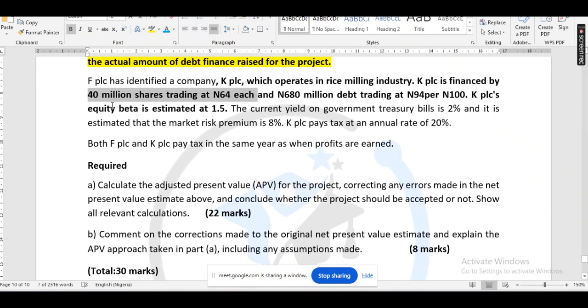It may be maybe 40 million naira, and trading at 64 naira per share. You need to get the number of shares. The nominal price will be given to you as 1 naira per share. You divide the 40 million naira by the nominal price, and it gives you the number of shares.